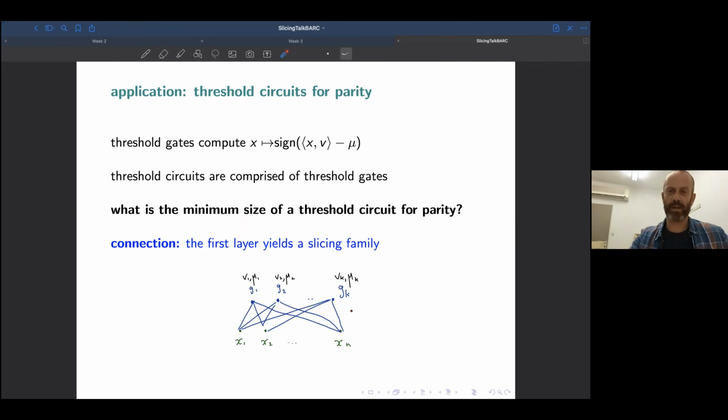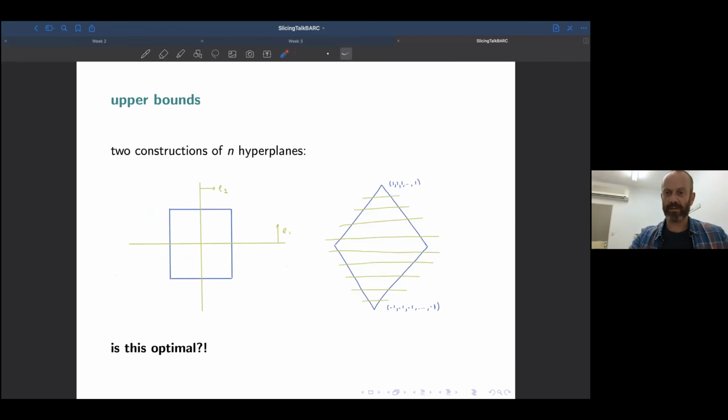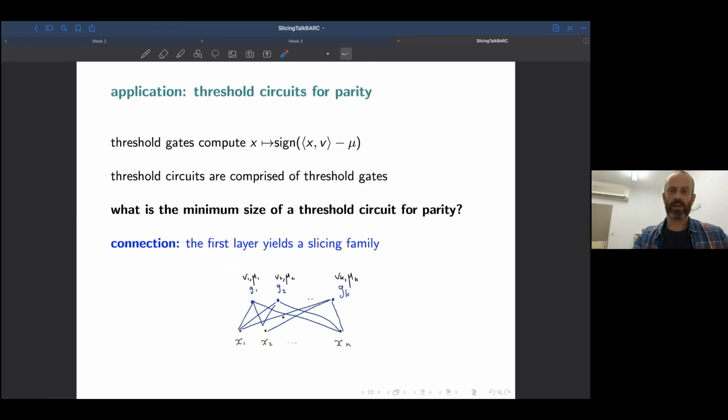And actually, maybe I will go back. This circuit is based on this slicing. So this slicing family allows us to compute parity. So it's not complicated, but I don't want to do it right now. Okay, so this is the first application, a new lower bound in computational complexity.